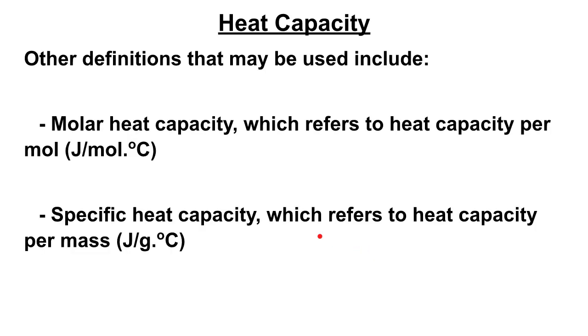Now, other definitions you may come across, and sometimes these can be more useful because they get a little more specific. You can have molar heat capacity, which refers to the heat capacity per mole of substance. And then you can also have specific heat capacity, and that's going to refer to the heat capacity per mass, so per gram of substance.